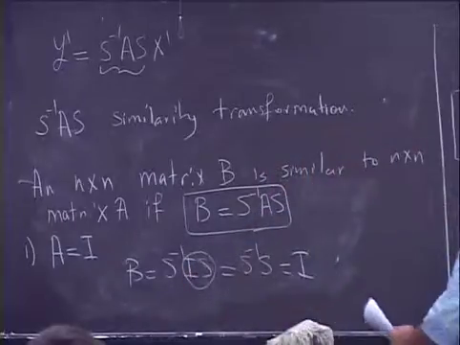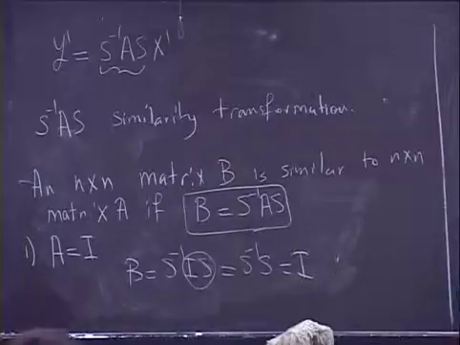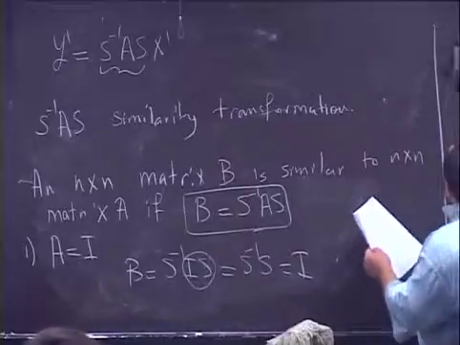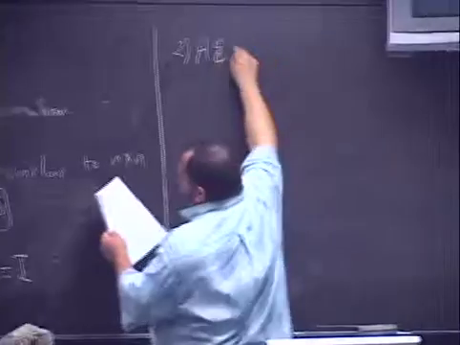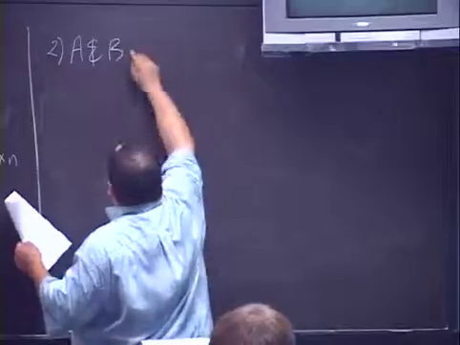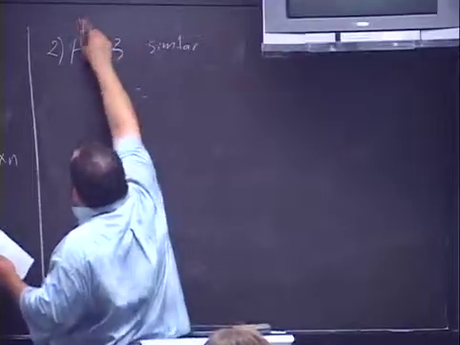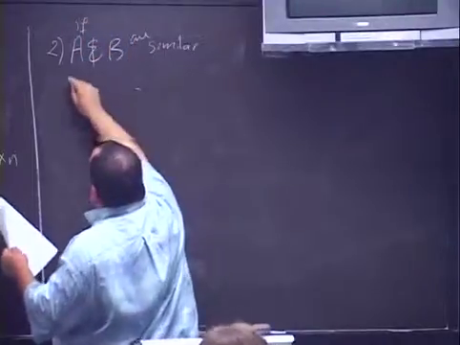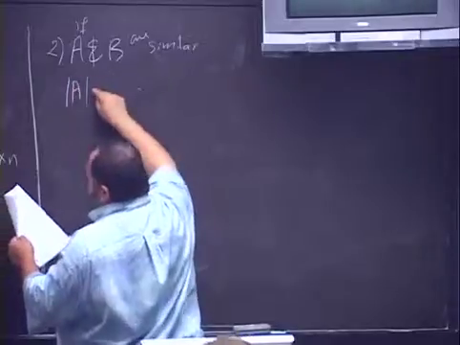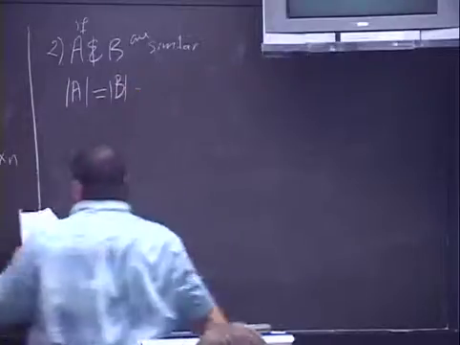What else as properties? If we have A and B, if A and B are similar, they will have the determinant of A equal to the determinant of B. How to do it?